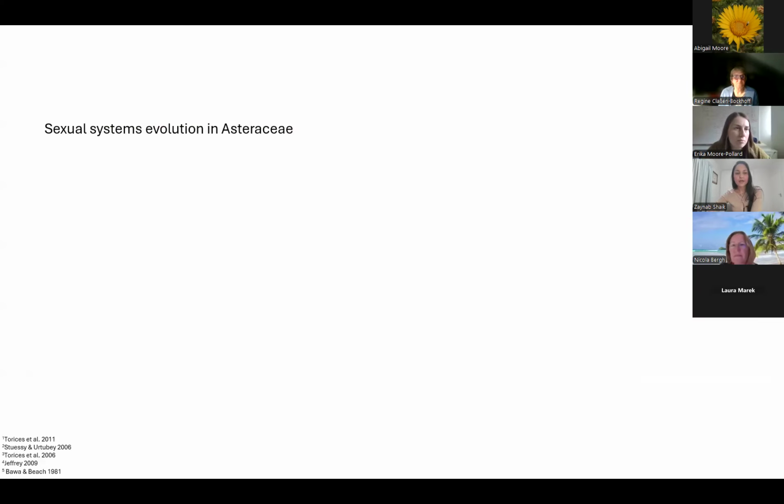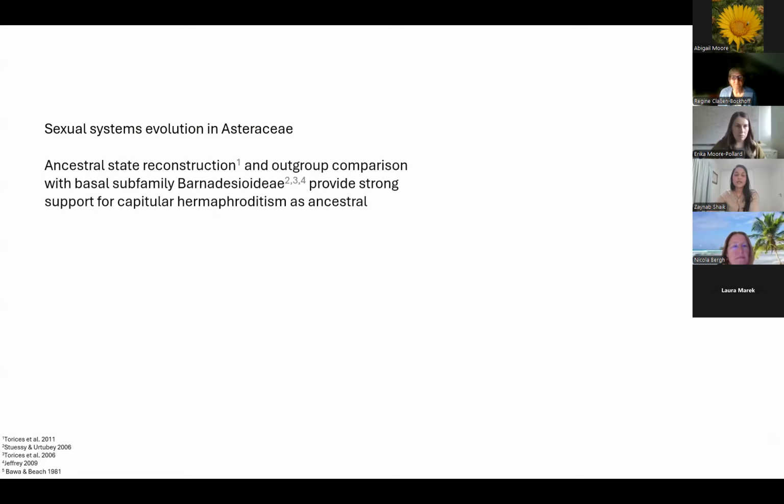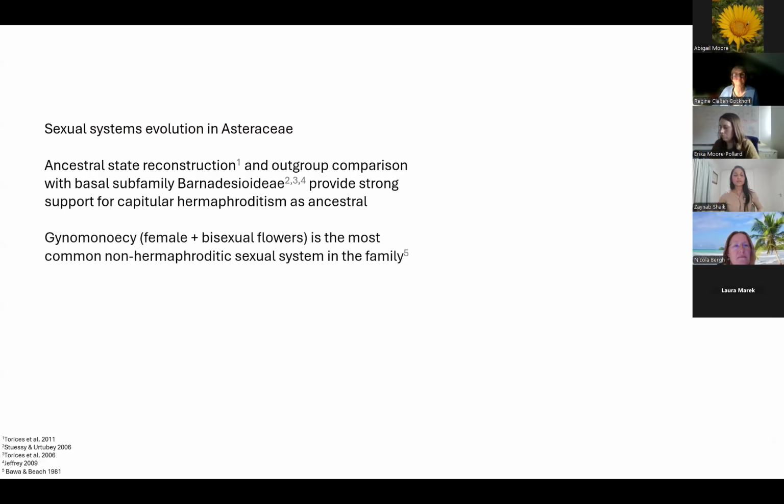By way of background, if we look at sexual systems evolution in Asteraceae, we have convincing evidence that the ancestor to Asteraceae was probably hermaphroditic, and we base that on ancestral state reconstructions and also by comparing outgroups with the basal subfamily Barnadesioideae. But this alternative sexual system, gynomonoecy, where the capitula contain female and bisexual flowers, is very common.